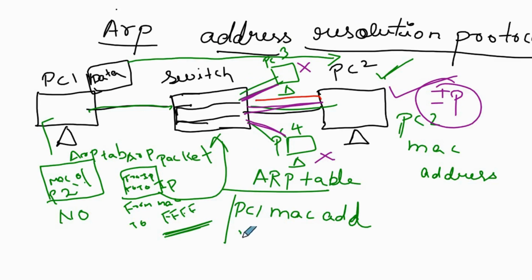The switch will enter the PC2 MAC address here. The switch will identify, yes, I know the PC1 MAC address, and deliver the ARP packet straight away to PC1. So the request went as a broadcast, and the reply as unicast.